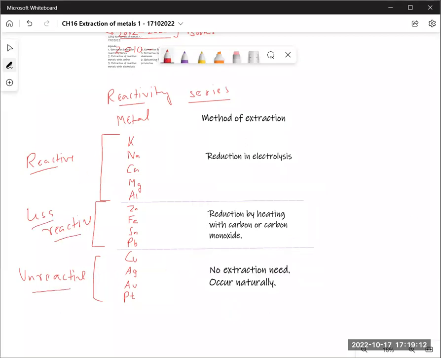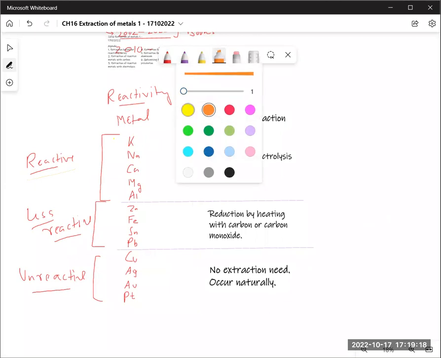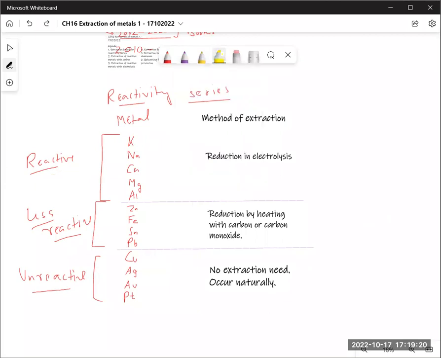So should I read the one you wrote in black? Yeah, in the yellow part only. Start with metal, reactive, method of extraction.